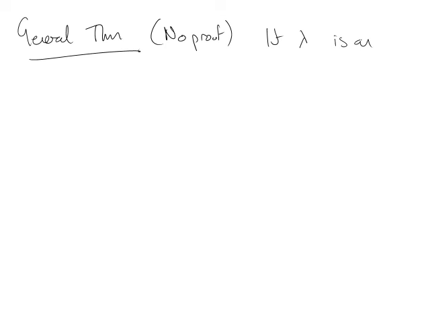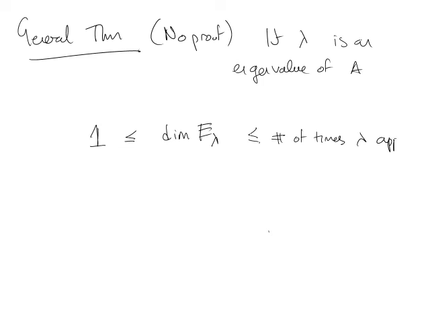So the general theorem, which I'll state, which you don't need to prove, is that if lambda is an eigenvalue of A, then the number of linearly independent eigenvectors corresponding to lambda, which is the dimension of the eigenspace of lambda, is at least 1, because you have to have at least one eigenvector, and at most the number of times lambda appears as a root of the characteristic polynomial.